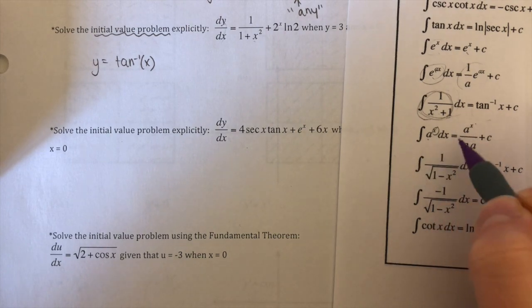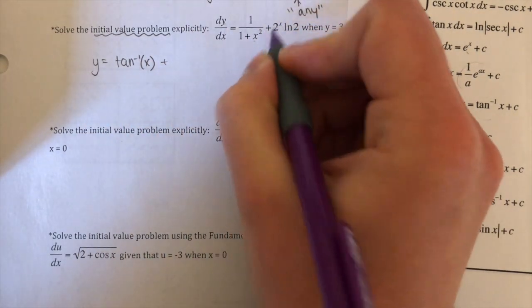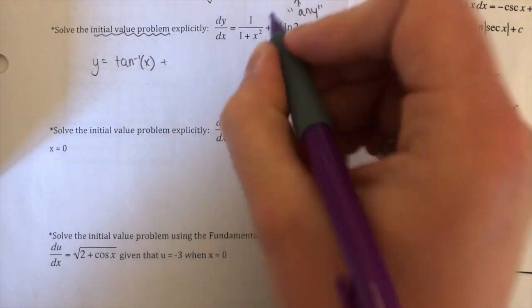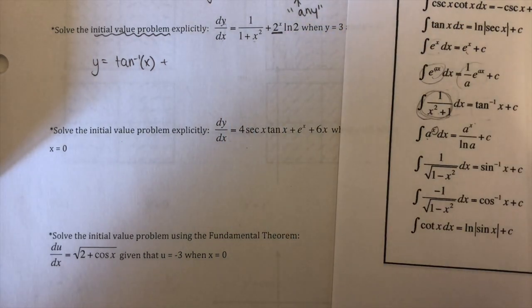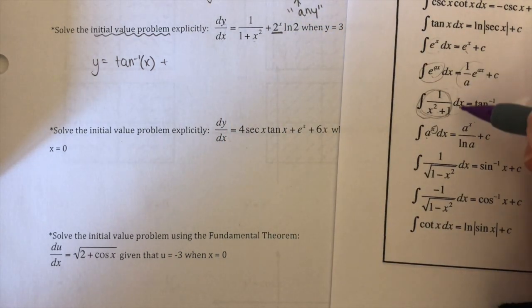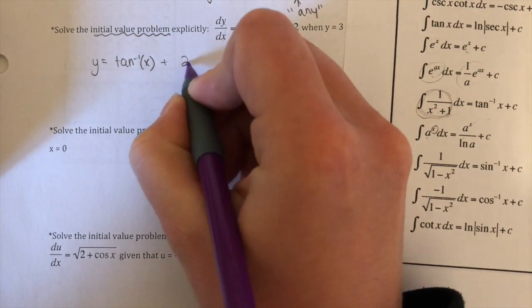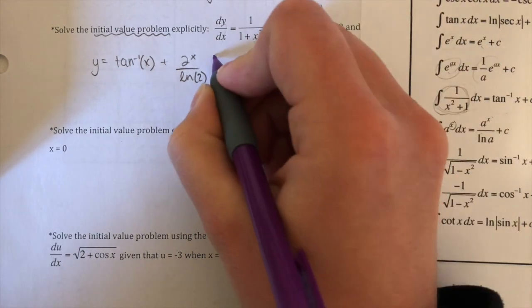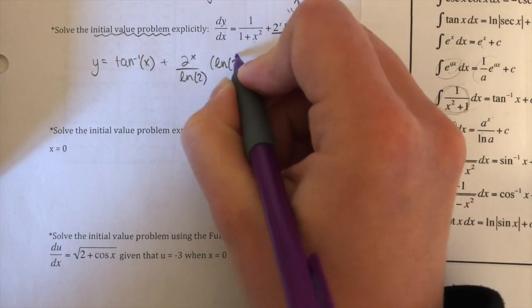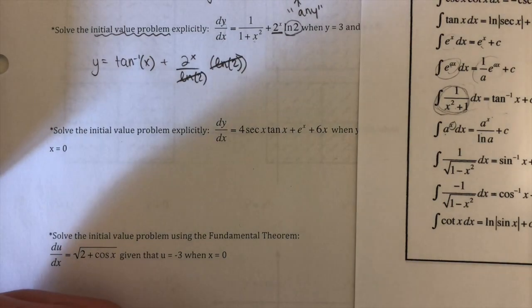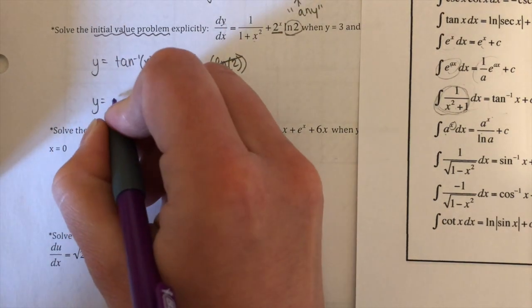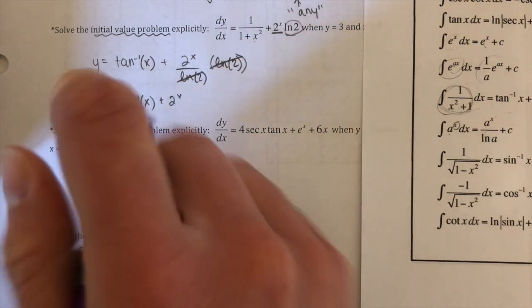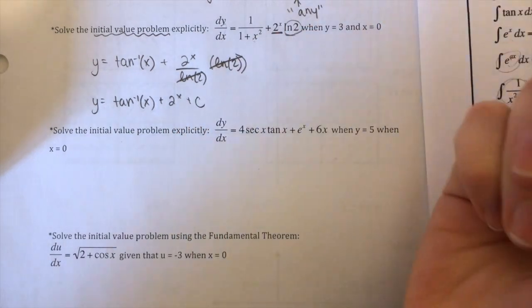Okay, so the antiderivative of that guy, the integral of just the 2 to the x would be, according to our formula sheet, 2 to the x divided by ln 2. Now this is just a constant, so it's still going to get multiplied, and then that's actually going to cancel out. Okay, so we've got y is equal to tan inverse of x plus 2 to the x, and then we would have to add that plus c.